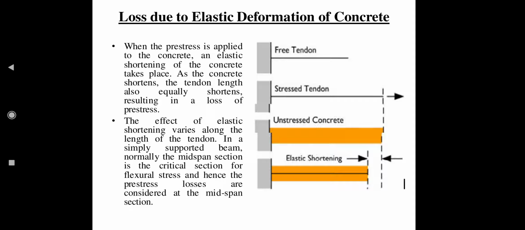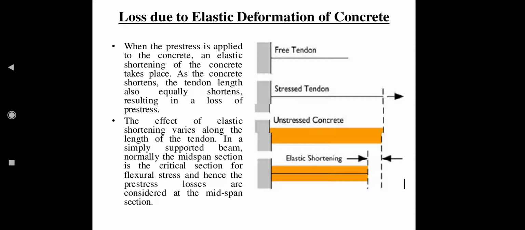Now let us come to the first type of loss, that is loss due to elastic deformation of concrete. So what is elastic deformation of concrete? When the prestress is applied to the concrete, an elastic shortening of concrete takes place.